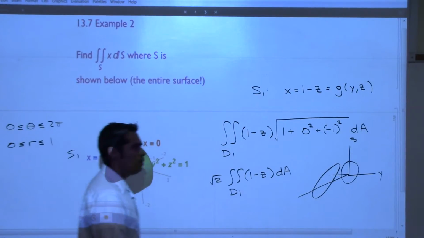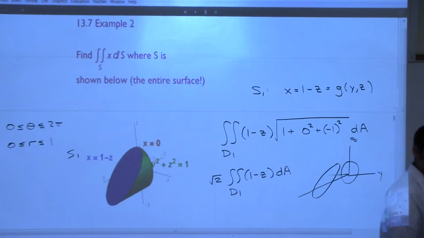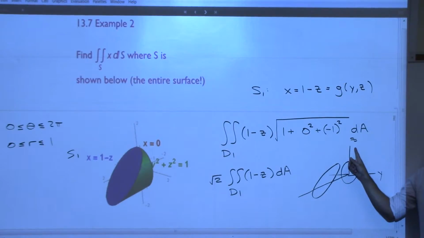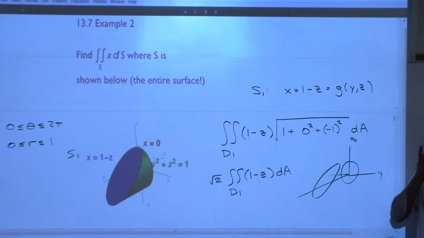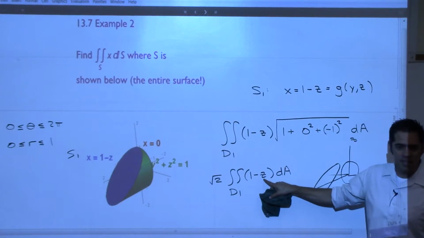Because if it's a normal polar region, we go x is r cosine theta, y is r sine theta, right? This time, we don't have x. It's y and z. So it'll be y is r cosine theta, z is r sine theta. Yes? And look at your integral here. It just has z in it.